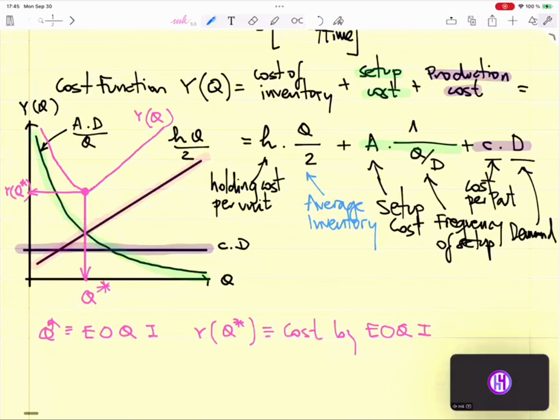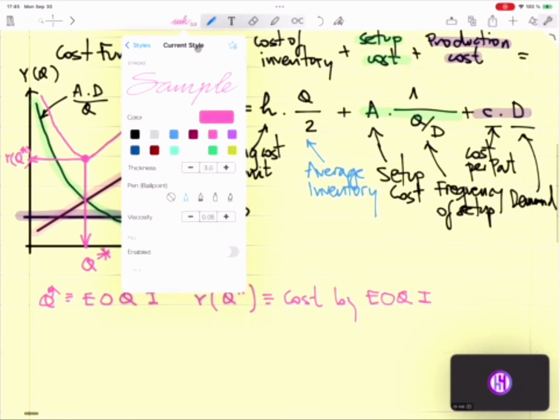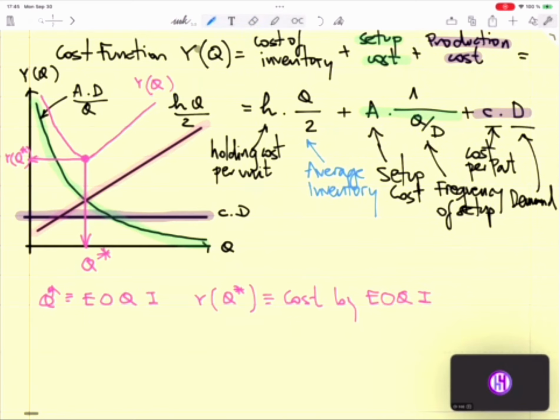So how do we get the minimum of a one variable curve? Somebody tell me? How do I calculate the minimum of a one variable curve?